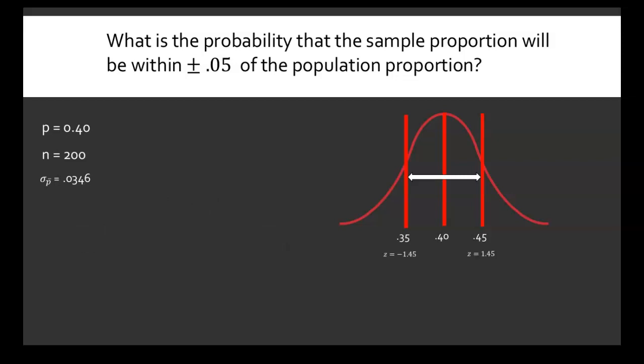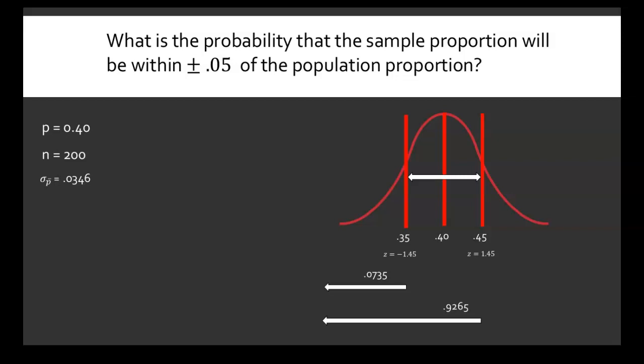Now we take those z-scores and look them up in our z-score table. We'll find that the area to the left of the z-score for negative 1.45 comes up as 0.0735, and the area to the left of positive 1.45 comes back as 0.9265.